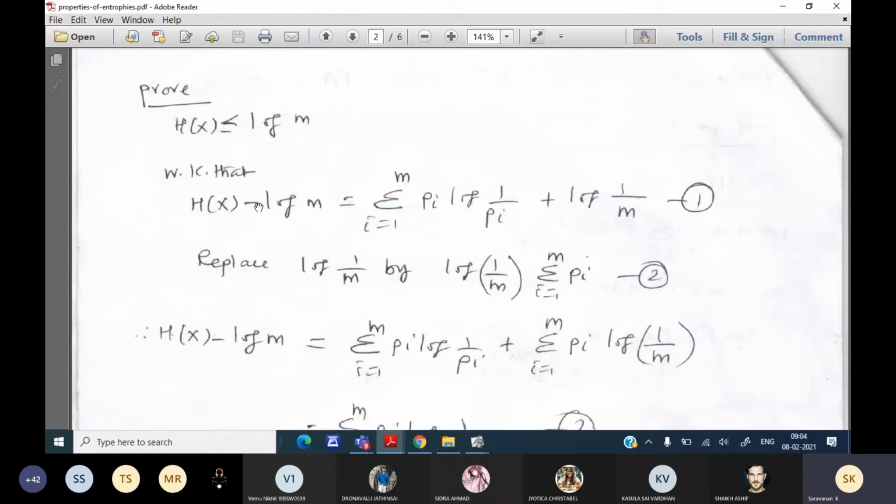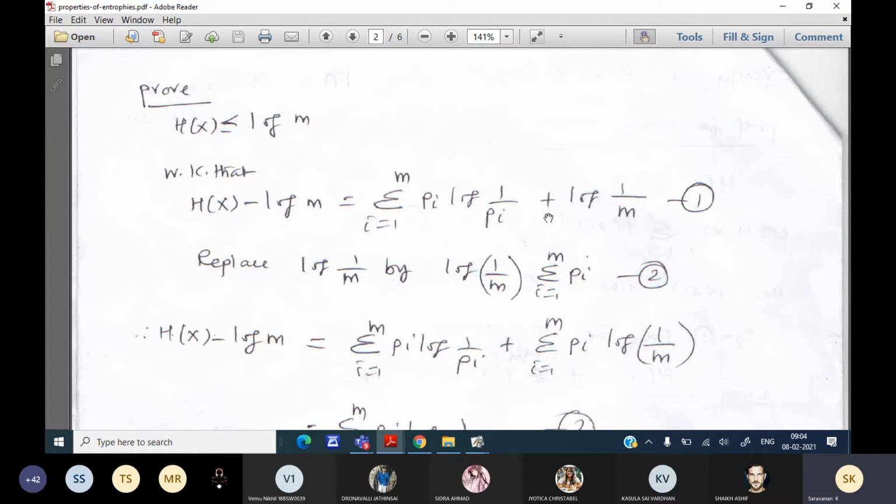To remove the minus sign I take 1 by m: minus log m can be replaced by log 1 by m.